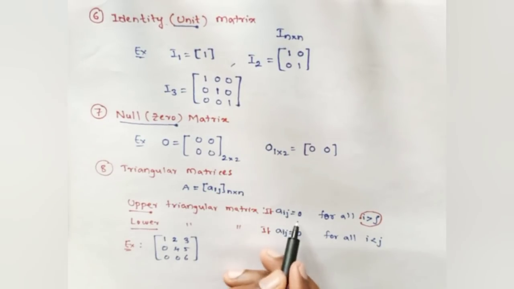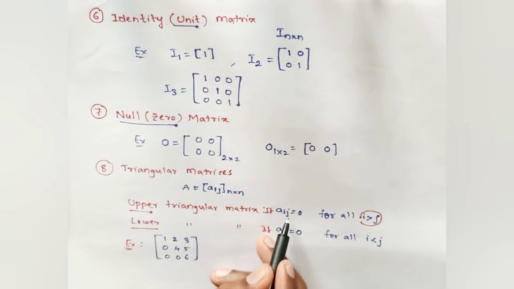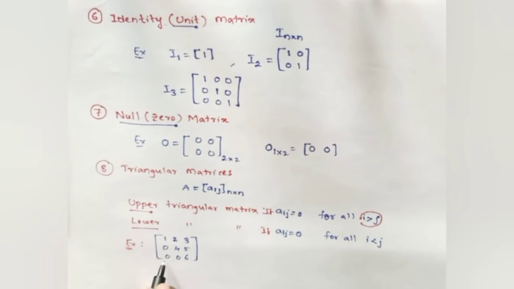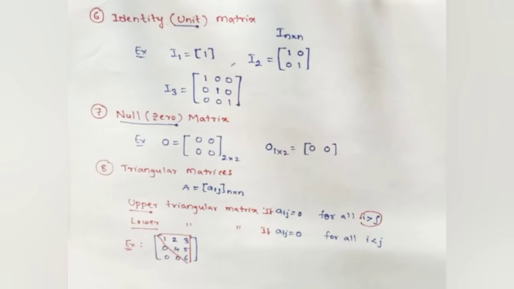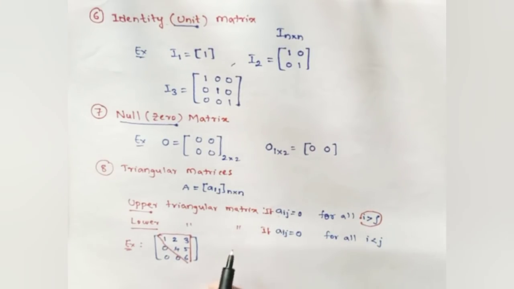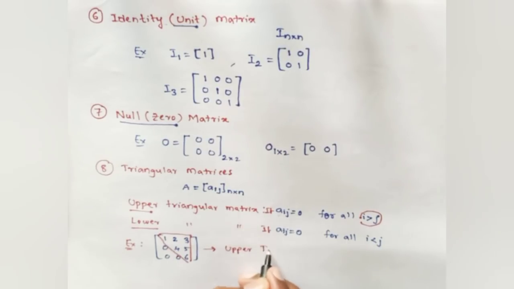Here Aij is 0 for all i greater than j, meaning A21, A31, A32. There is no restriction on the remaining elements, but these three elements should be 0. Aij is 0 for all i greater than j, so we say that it is an upper triangular matrix.